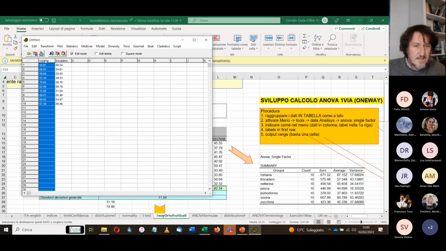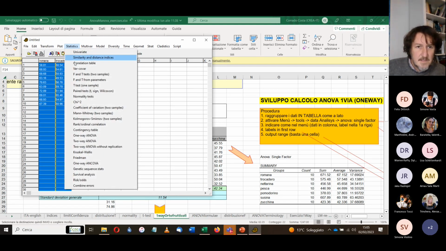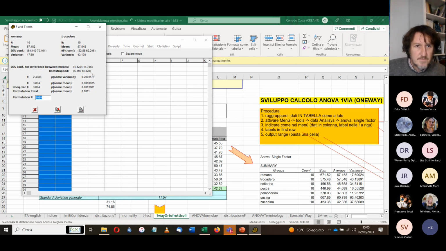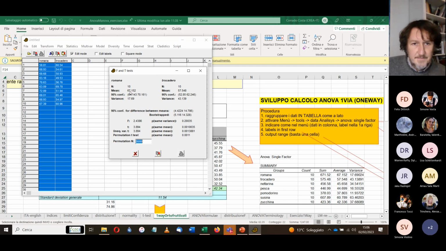So you click on the first, move on the second, shift and click on the second. Statistics, F and T-test, two samples. Okay. So let's see. We have here the description, the basic statistics for the first distribution and the second distribution.